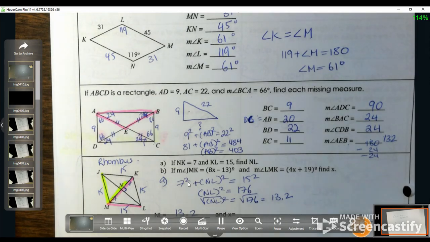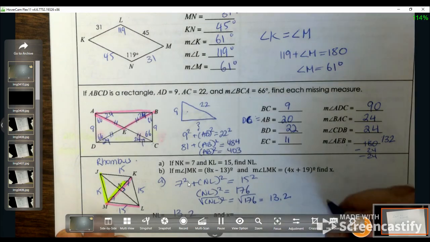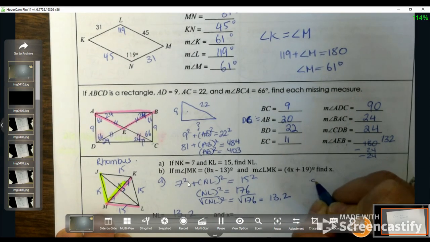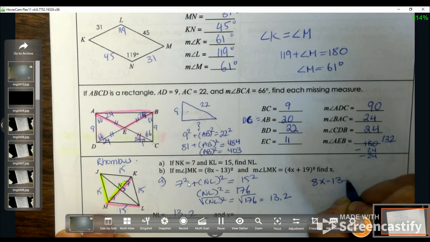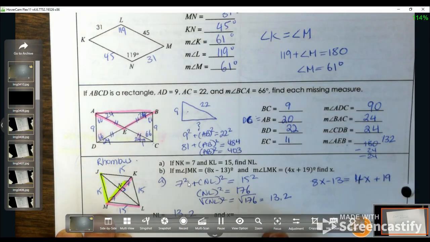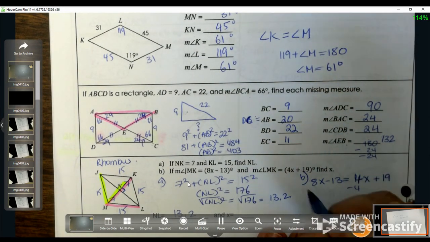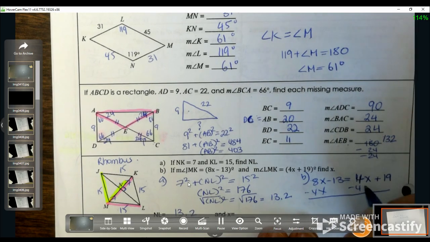Those angles are bisected, and so now we're going to say that these two are equal to each other. 8x minus 13 is equal to 4x plus 19. I'm going to subtract 4x from both sides.